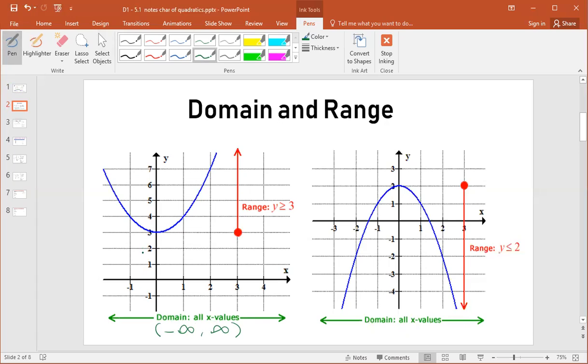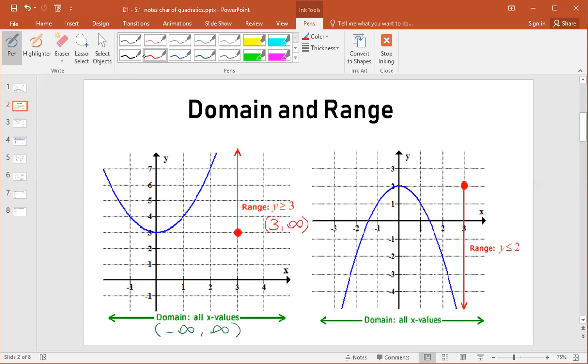But the range, you can see that it stops here at 3. So the range is everything from 3 up. There's no graph down here below 3. So they've written range as y greater than or equal to 3. You could also write that as from 3 to positive infinity, meaning that it's going to start at 3 and go up forever and ever.